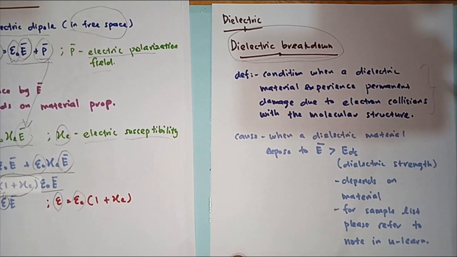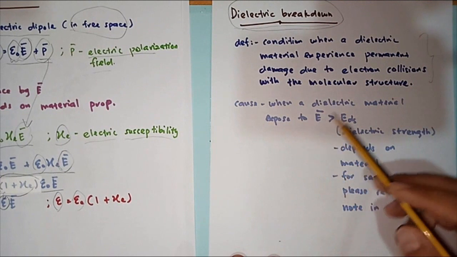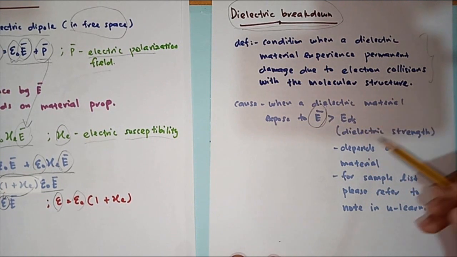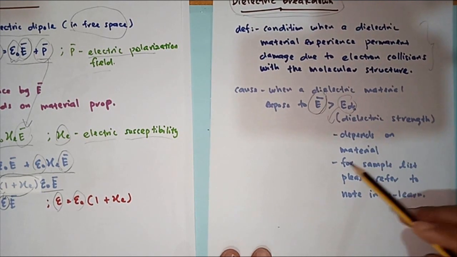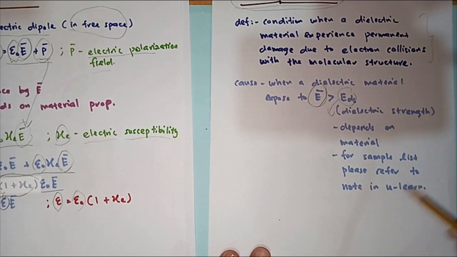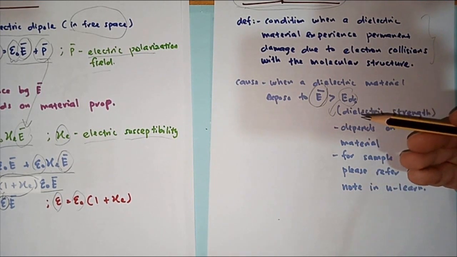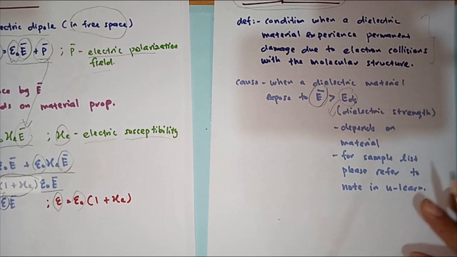The cause of this condition is when the dielectric material is exposed to an electric field whose magnitude is greater than what we call the dielectric strength, or EDS. The value of EDS depends on the material. For samples, please refer to the notes in the ULEN, where you can find some sample materials and the value of EDS for each.